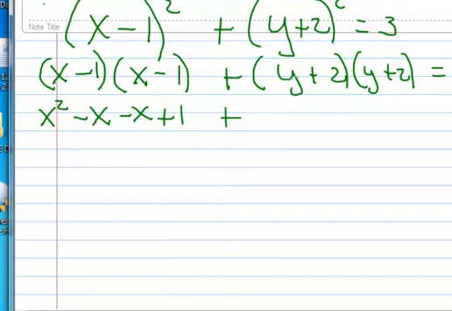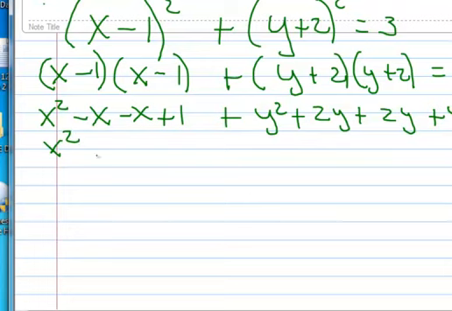Let's do this one over here. Y times y is y squared. 2 times y is 2y. Y times 2 is 2y. And 2 times 2 is 4. Now we can combine some like terms.